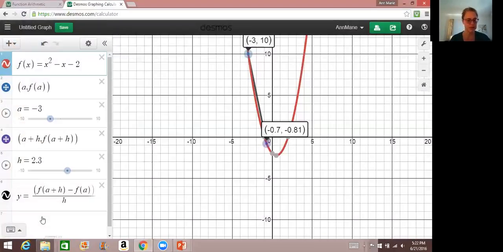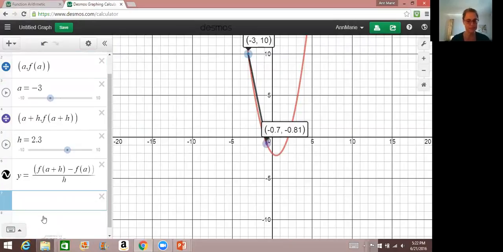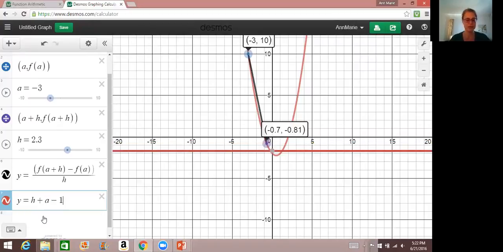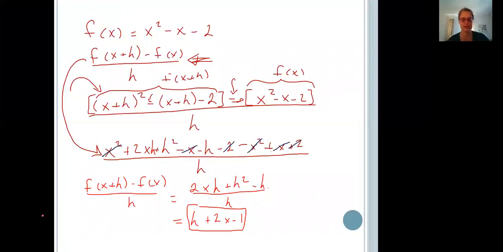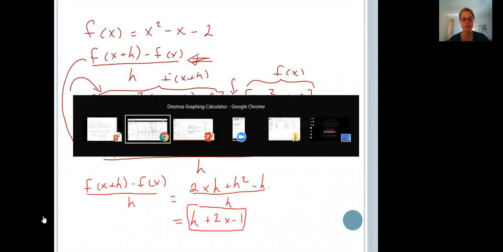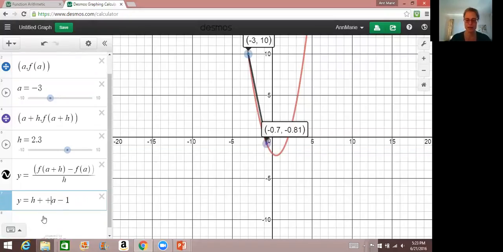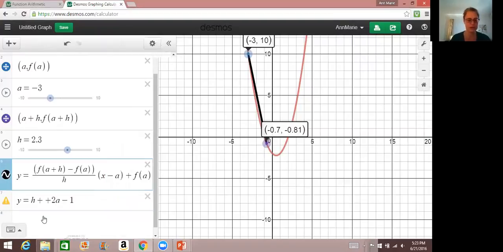So in Desmos, I'm going to just check that by putting in the line y equals h plus 2a minus 1.